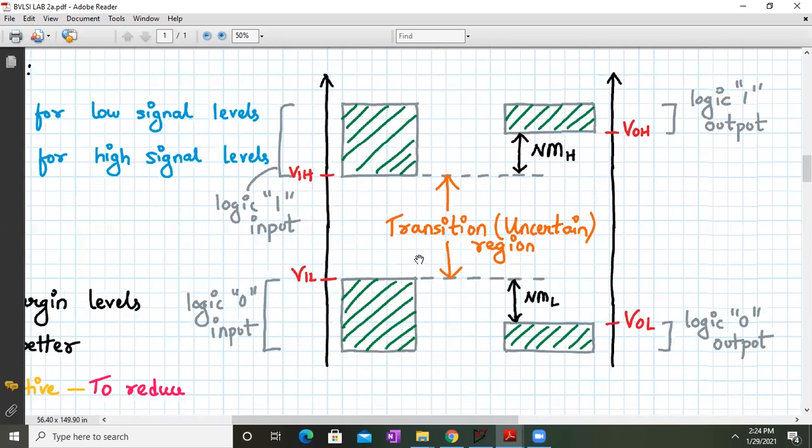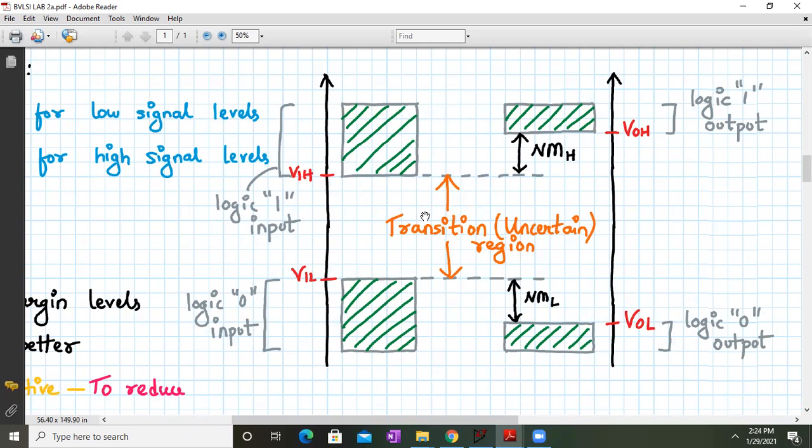The difference between your VOH and VIH is your noise margin high, and the difference between your VIL and VOL is the noise margin low. In between we have an uncertain or transition region. If any voltage falls in this transition region, it cannot be determined with confidence whether it is logic 0 or logic 1.